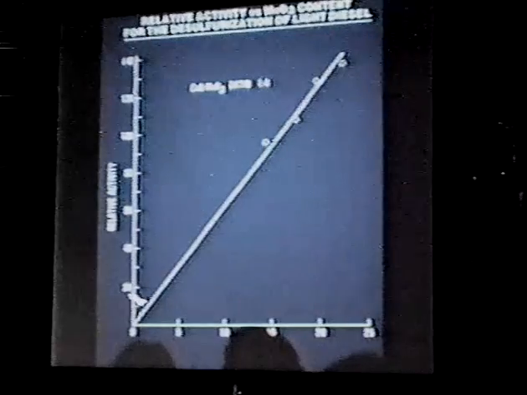A plot of 4 catalysts that were evaluated this way is shown here, and I chose at that time to use the origin as one of the points. If I had to do it over today, I might choose to come up here a little bit, because usually the reactor walls or the support ends up having a little bit of activity.